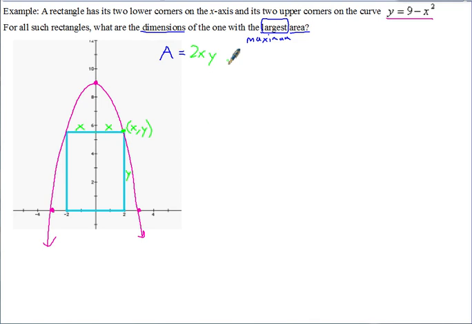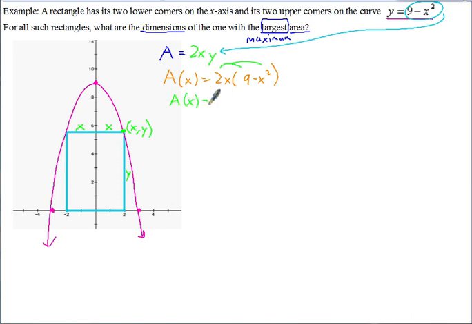We want to take the derivative. However, it's in terms of two variables. To get it in terms of one, notice we've already got y equals 9 minus x squared. We can substitute that in for y. So now we'll get the area just as a function of x. It'll be 2x times y, 9 minus x squared. Then if you distribute out the 2x, the area is 18x minus 2x cubed. And then take the derivative of that.